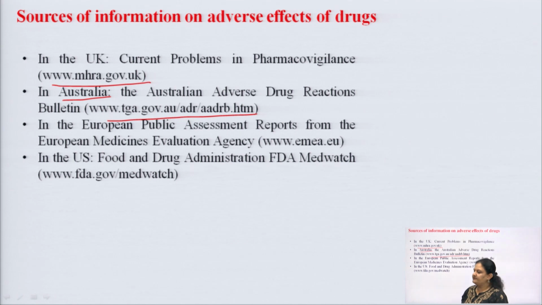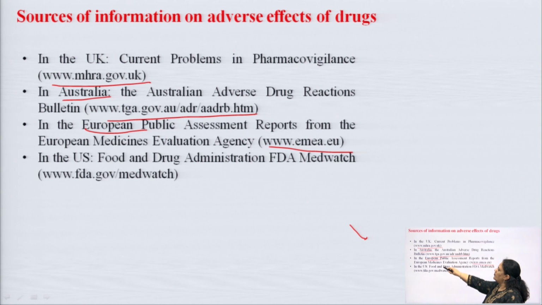Next is for Europe. In the European Public Assessment Report, you will get the information from the European Medicines Evaluation Agency. There is an agency named European Medicines Evaluation Agency, and the web link is www.EMEA.eu. EMEA here stands for European Medicines Evaluation Agency.